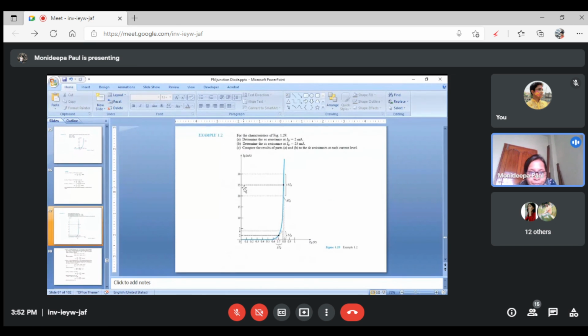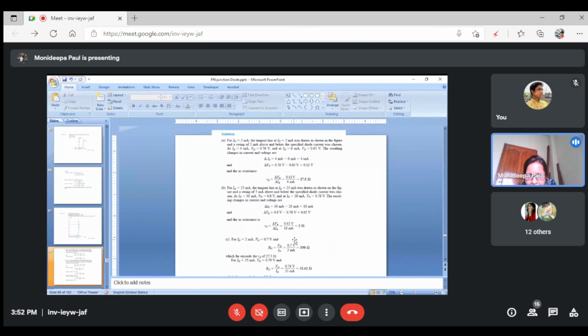And when it is 25 milliampere, the voltage is 0.79, I think. So DC resistance is equal to 0.79 divided by 25 milliampere.